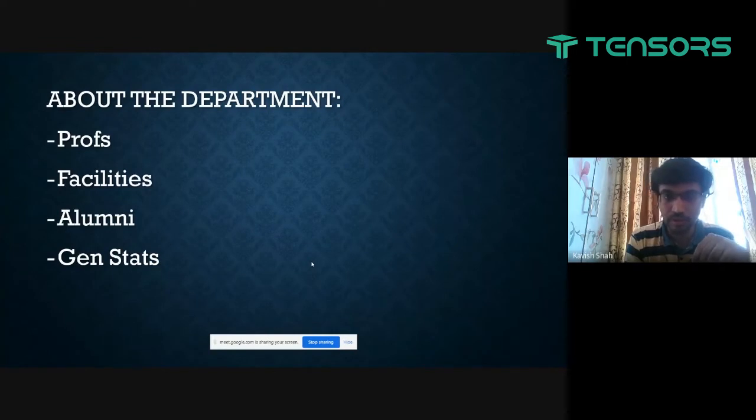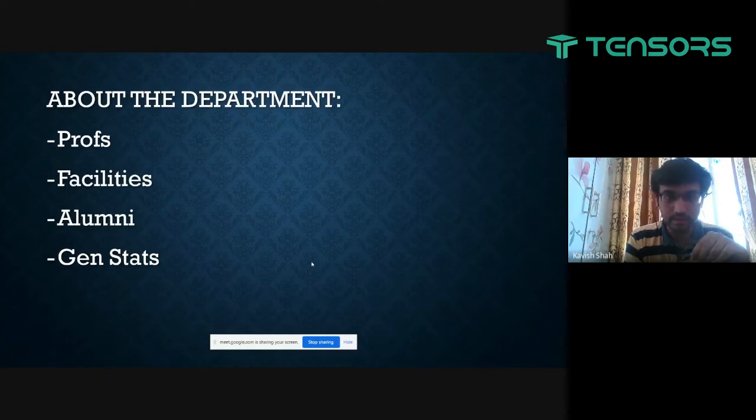Once you come into IIT, you will recognize the value of networking: how important it is to be in touch with your seniors, and with people who are outside your own field. This will give you an idea of what's going on in their field, what you can learn from them, and how they can help you advance your own career. All this will be helpful through the alumni network.